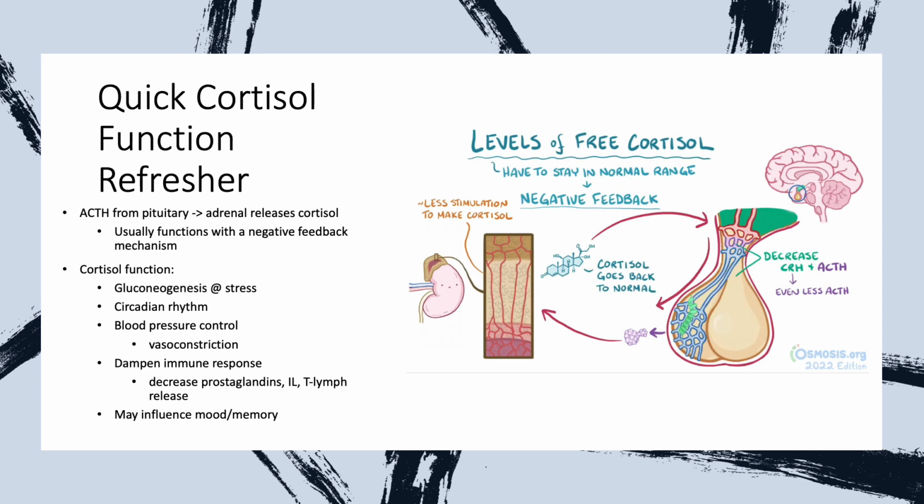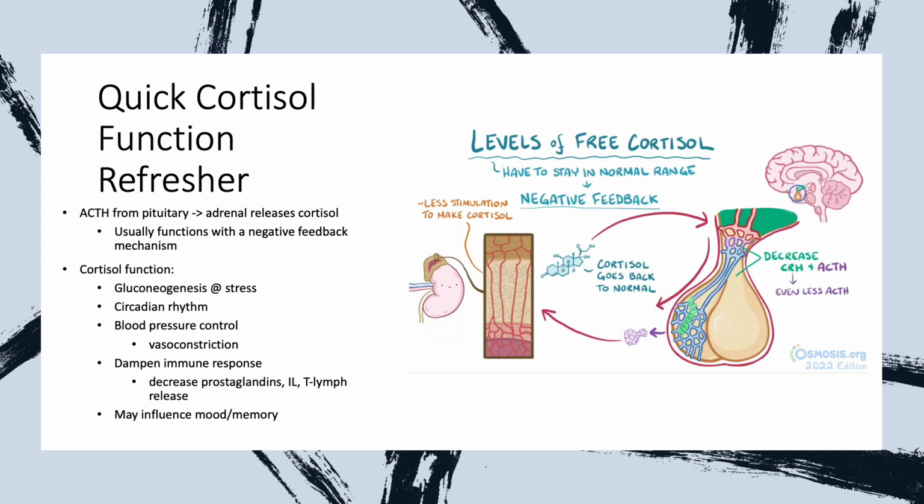So as we focus on cortisol today, let's just do a quick cortisol function refresher, okay? Cortisol is essentially released from our adrenal glands. However, it is regulated by our hypothalamus-pituitary axis via a feedback mechanism.